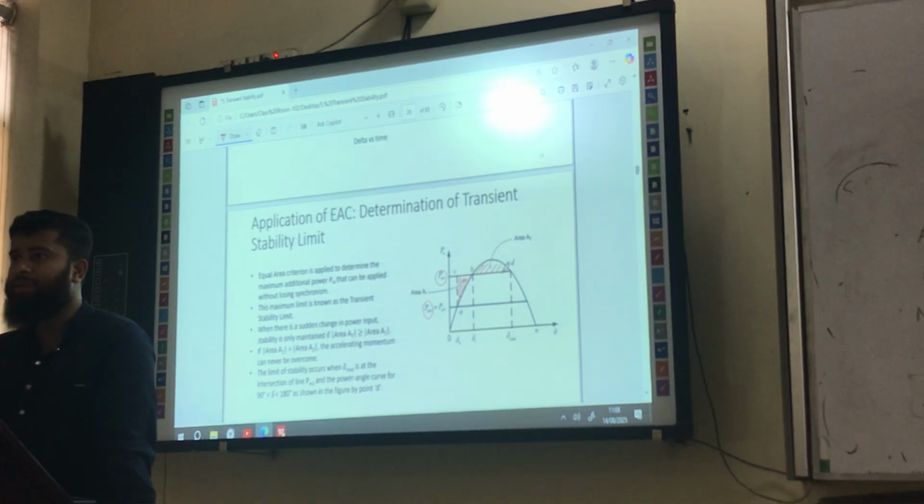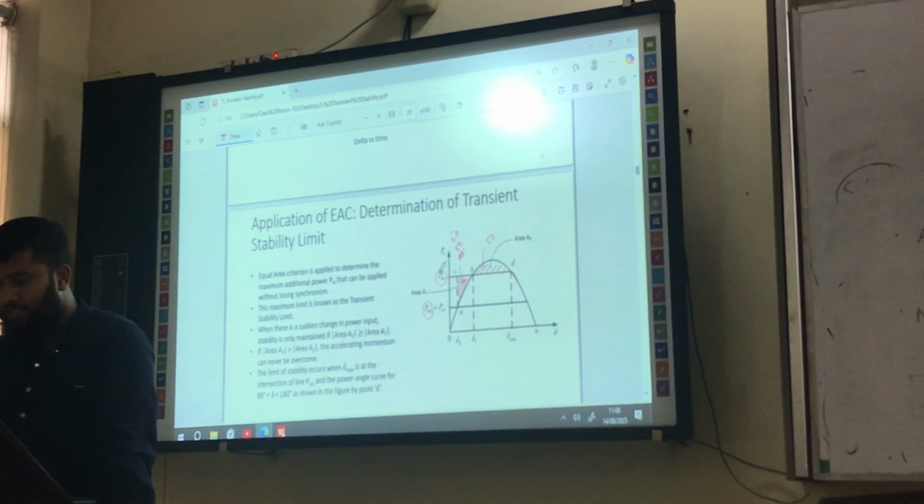See, this is the limiting case. Let's say this is 50 units, and this is also 50 units. If we increase it further, then it will be maybe 60 units. At that time, we can give back all of the 60 units in the decelerating area. Then our point will be beyond D. Beyond D means this is the unstable state, right?